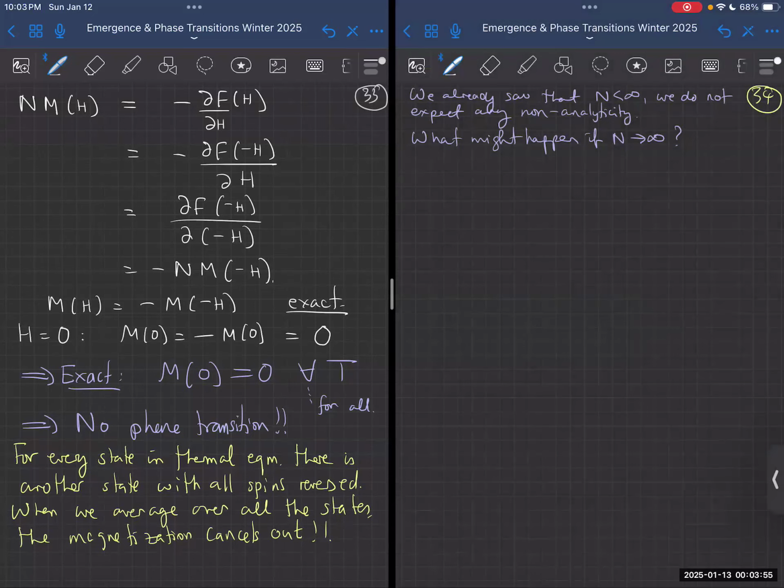What we're going to see is that what might happen as n goes to infinity is that FB has the following form. I'm going to draw the graph, and I'll explain in a minute. Here is the free energy as a function of h.